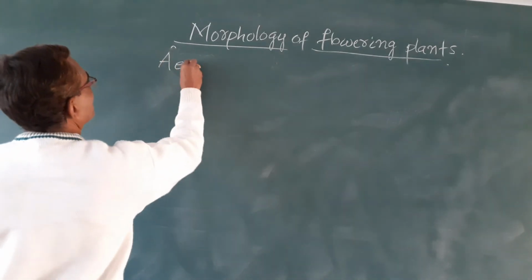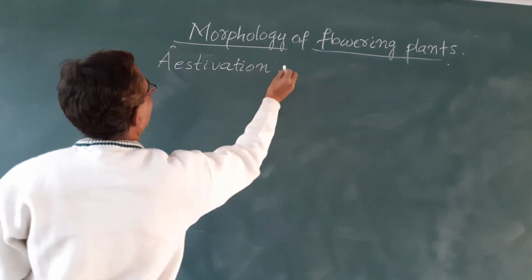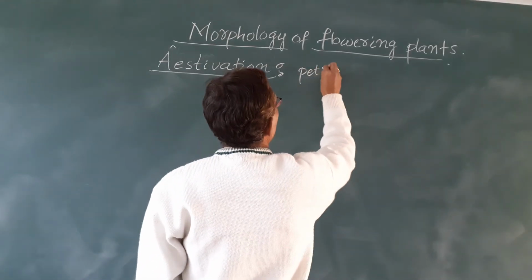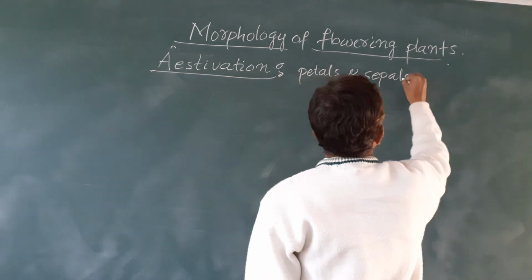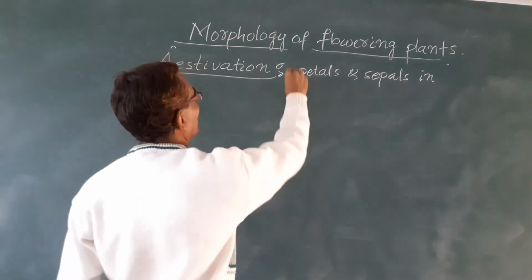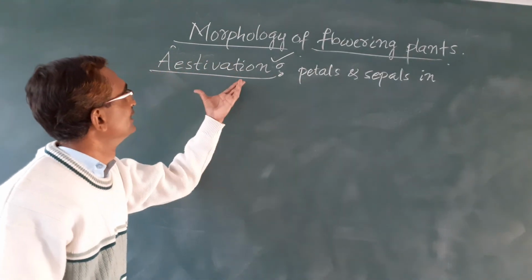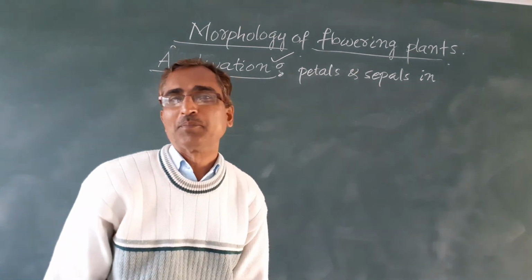Estivation, that is the arrangement of petals and sepals in a flower, is called estivation.